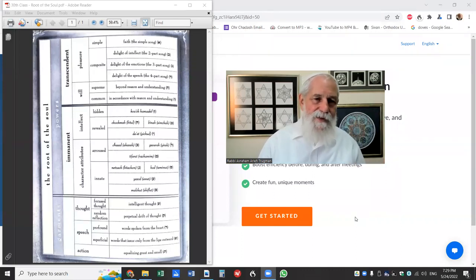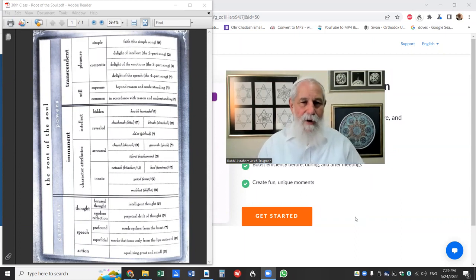Now, when we move into the immanent powers of the soul, this is going to follow exactly the Sefirot. So if you see, it's divided into two. There are the intellectual Sefirot, or powers of the soul, and there are the character attributes of the soul.